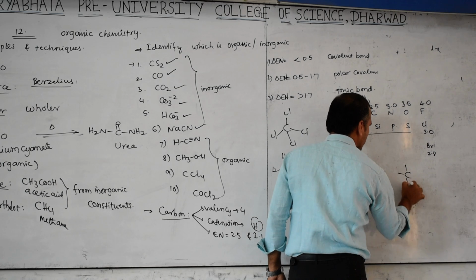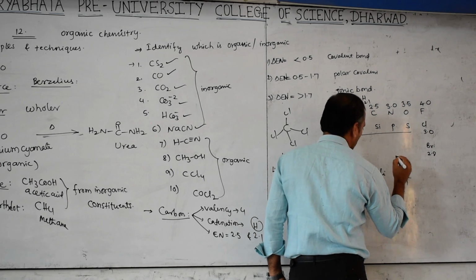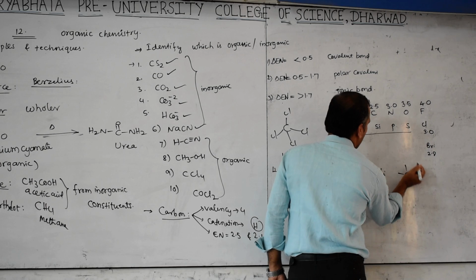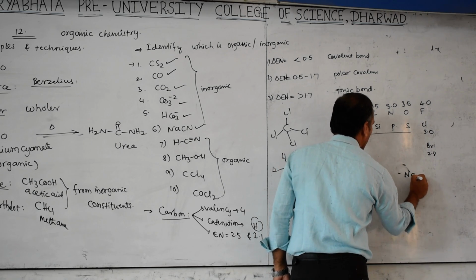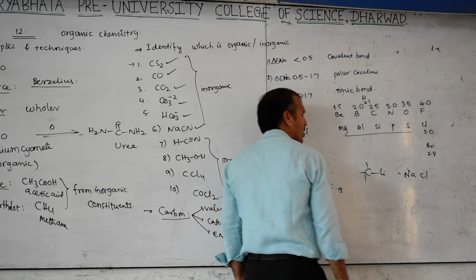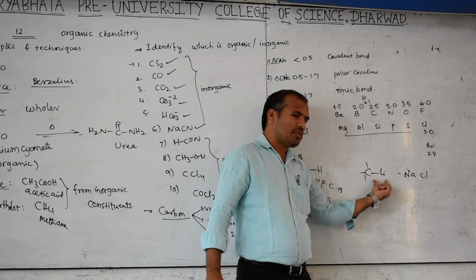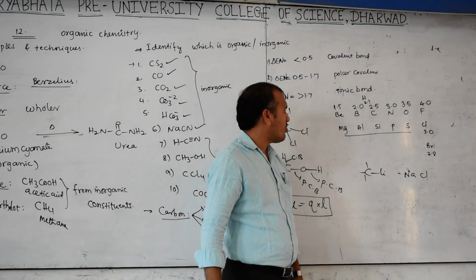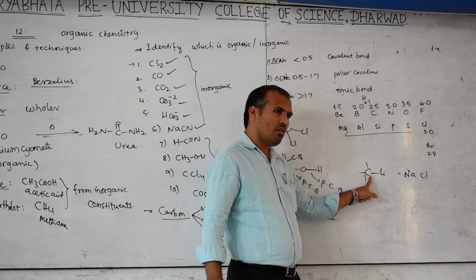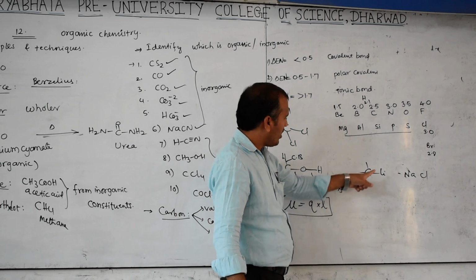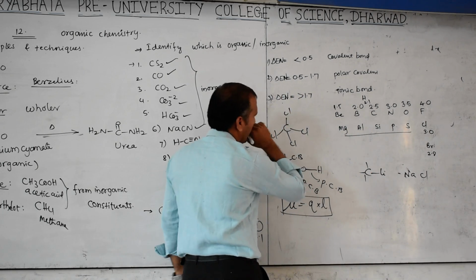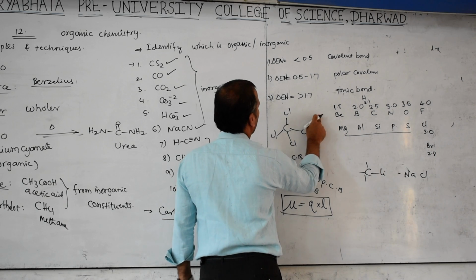Carbon, otherwise you can say this one also, sodium chloride. See, electronegativity how much? 2.5. Then lithium here, beryllium here. Which element is there?